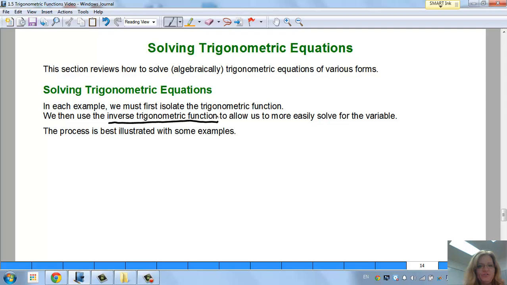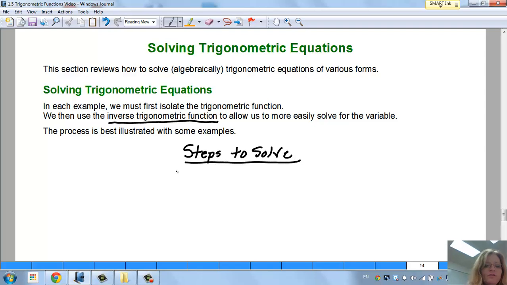Let's put the steps to solve right here, and they look similar until you get to the inverse trig part. The steps to solve these start out kind of similar. So the first thing I want you to do is do normal math first. I always say that: do things that you know how to do. Let's do the normal math first, because what you're trying to do is isolate the variable.